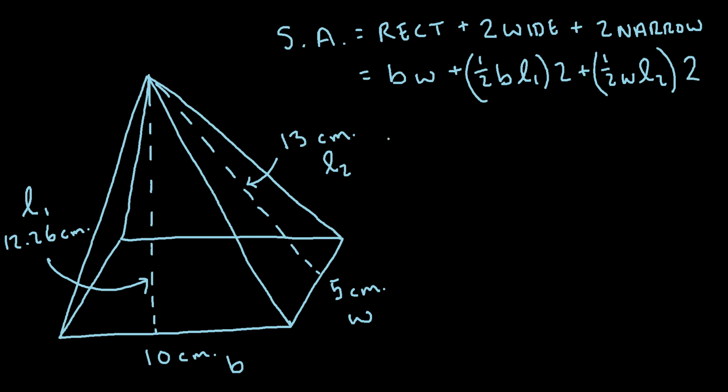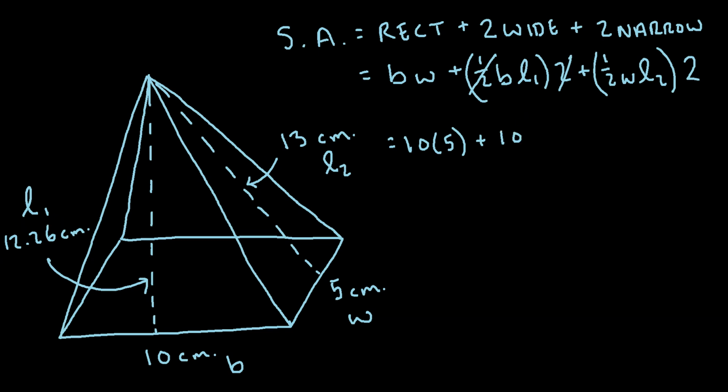So let's plug in the values that we know. We have B times W, so that's 10 times 5. Plus, now here you'll notice that when we have a 1/2 times a 2, 1/2 times 2 is just 1. So we can just cancel these out and we'll have B times slant height 1. So we have B is 10 and slant height 1 is 12.26.